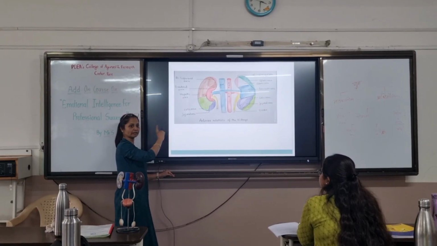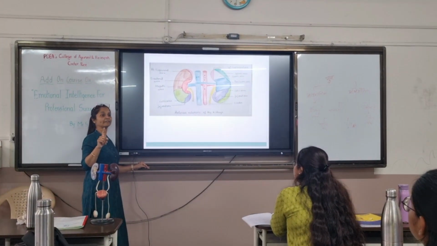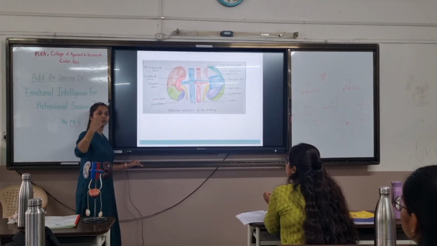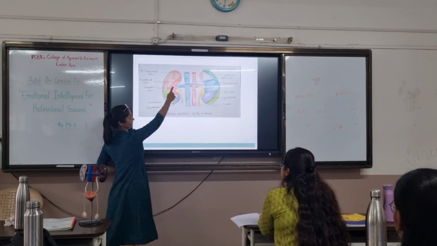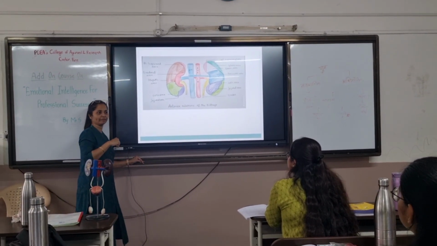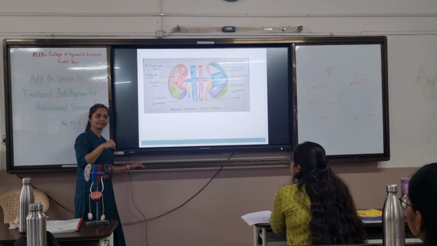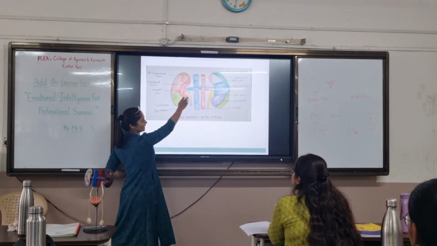Both kidneys will have these three relations. First the renal vein will go outside the kidney and enter the inferior vena cava. Then the renal artery will go inside the kidney. It is a branch of the abdominal aorta. And now the ureter will leave the kidney.